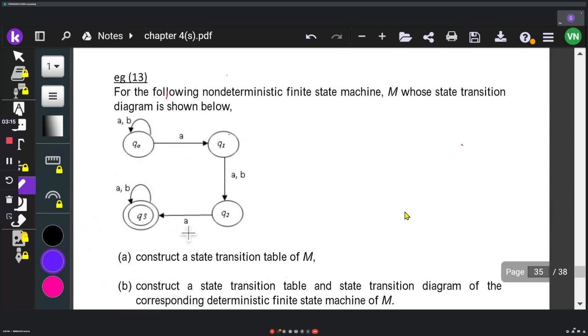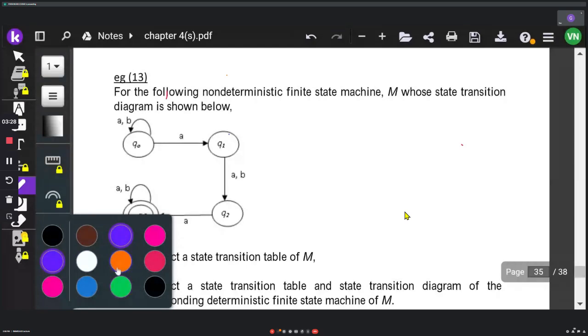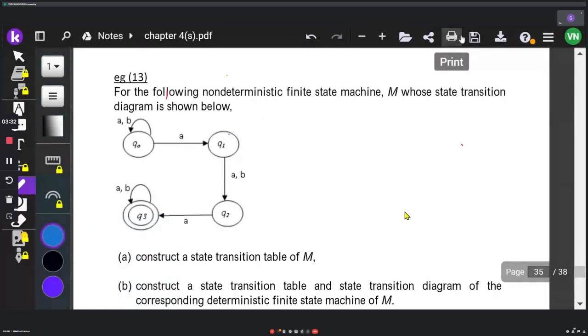So we will just follow this diagram and construct the table. I will show you first. I believe some already know how to do it. So we try the table first.